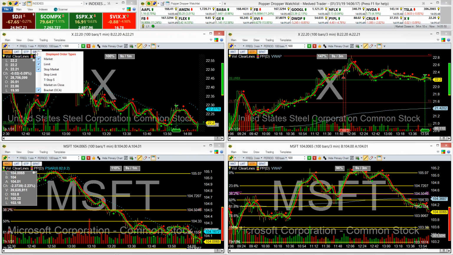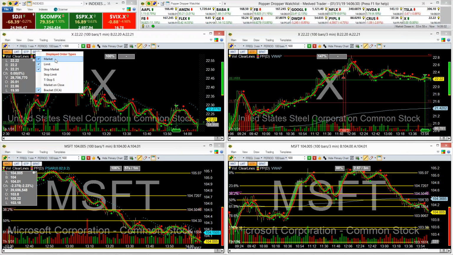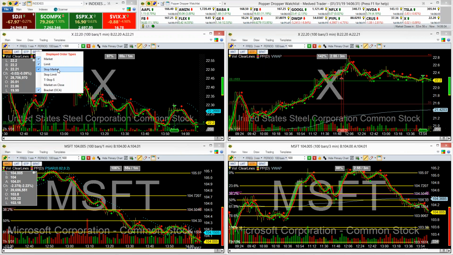API is basically application programming interface. And it's sometimes different than what they allow on their website or on their own platform. Sometimes they limit it. But you can see that you can place a market, a limit, a stop market, a stop limit, a trailing stop, a market on close, and a bracket.